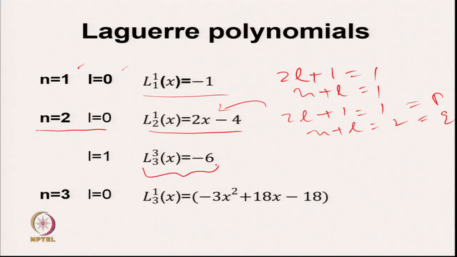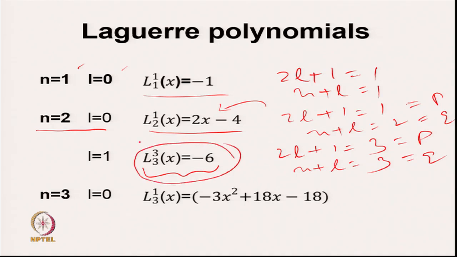And again this we will get when n is equal to 2 and L is equal to 1. So, 2L plus 1 is your 3 and n plus L is 3. Okay, so, this is P and this is Q, and you have Laguerre polynomial for this thing. Similarly, you can get Laguerre polynomial for n is equal to 3 and L is equal to 0.